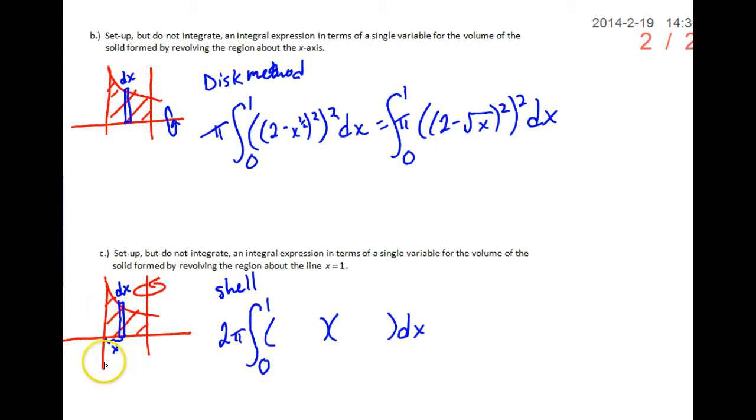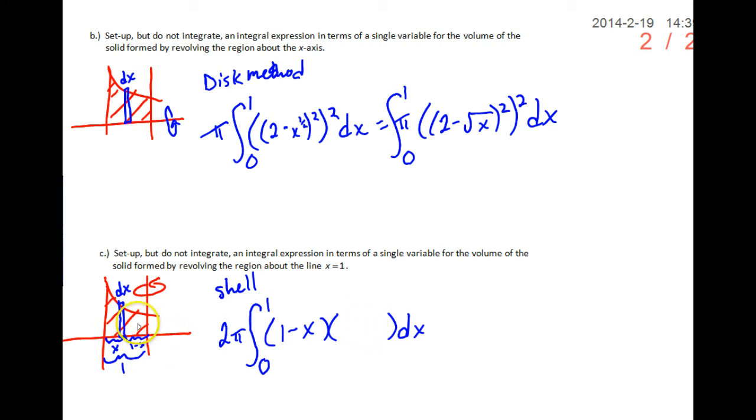So therefore, the axis of rotation that is 1 unit from the y-axis is 1 minus x units away from the rectangle. So the radius is 1 minus x. Remember, you always take the right-hand thing minus the left-hand thing. So the axis of rotation is 1, so it is on the right of the rectangle, so 1 minus x.